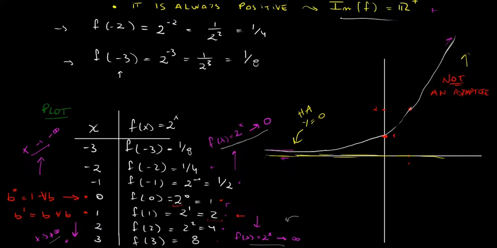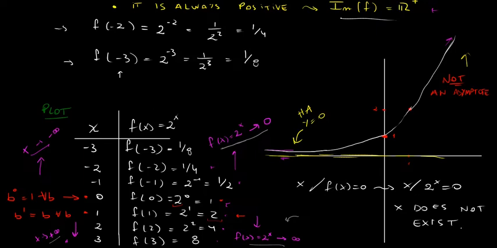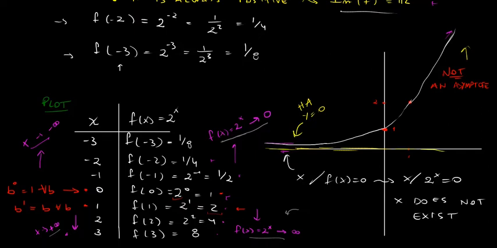But in this case it's not defined for 0, because if we try and find x such that f of x is 0, that is x such that 2 to the power x equals 0, x does not exist. And that's why we have the horizontal asymptote. Let's move on to view some properties of the exponentials that might be useful for us in the future.